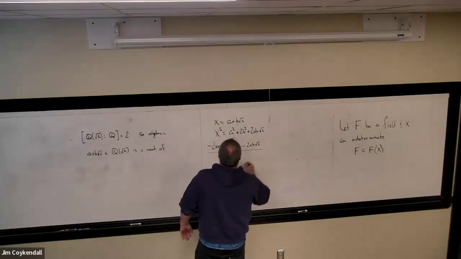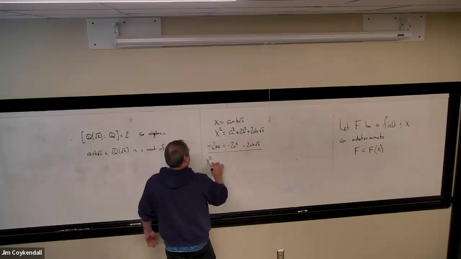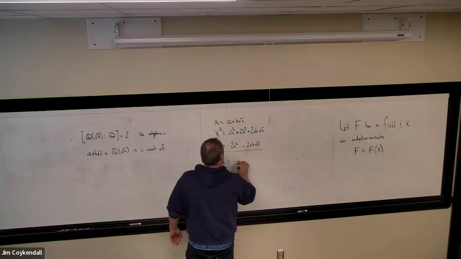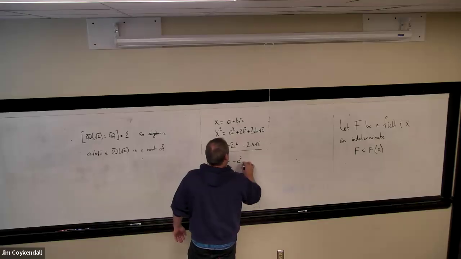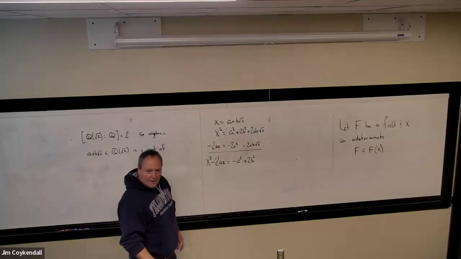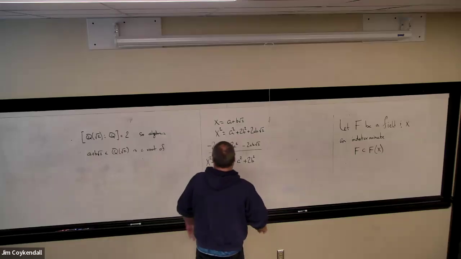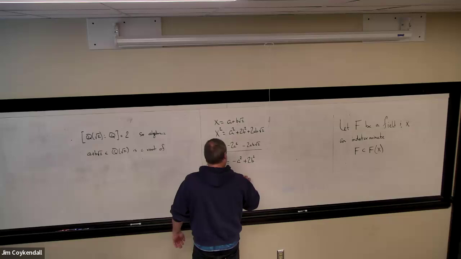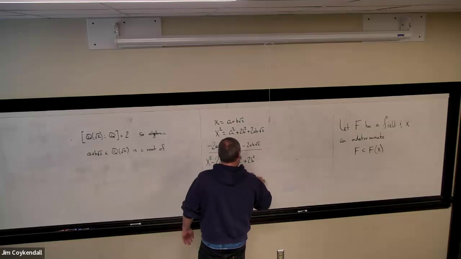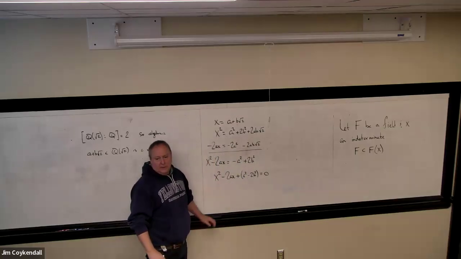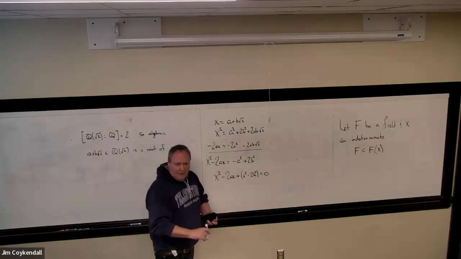So if I add up both sides of this equation, I get minus a squared plus 2b squared. And here's my polynomial. So my x is a root of that quadratic polynomial. Everybody okay with that?